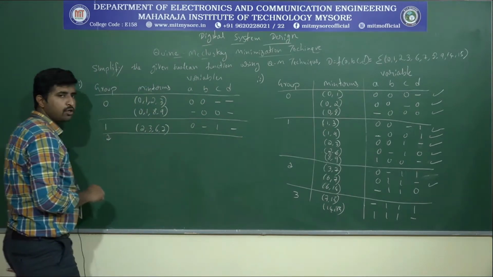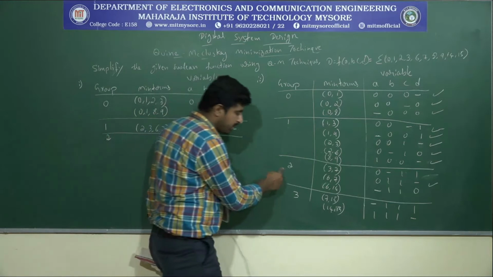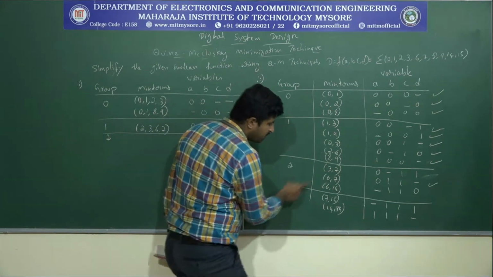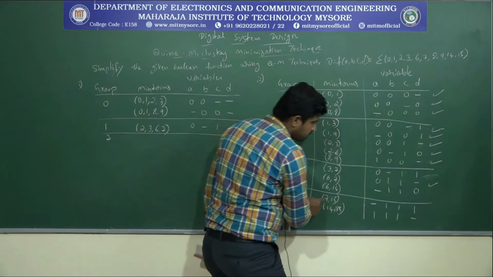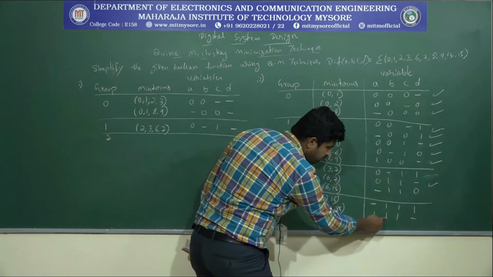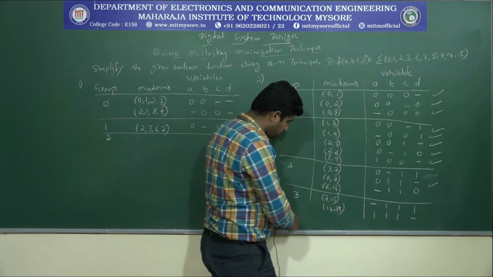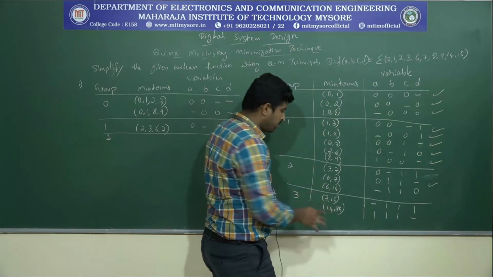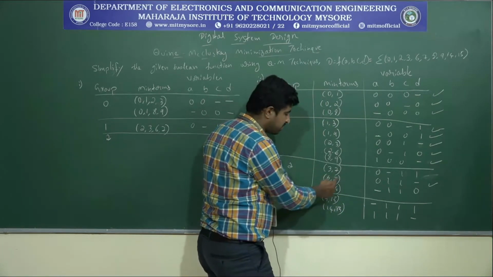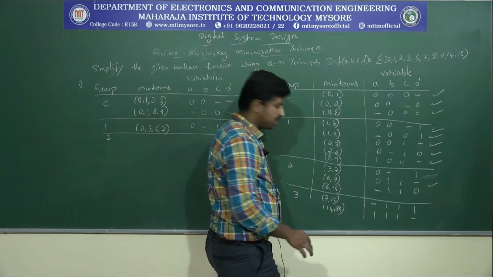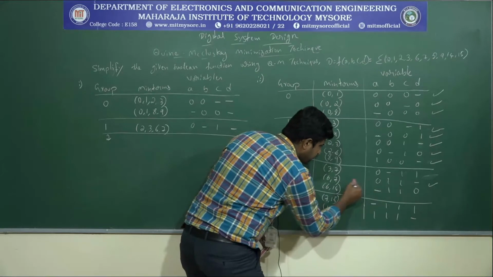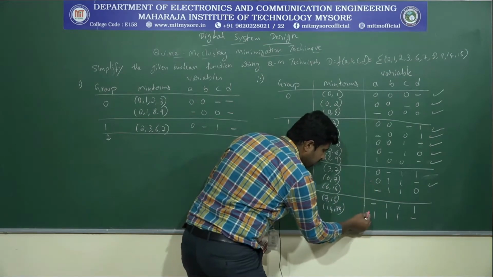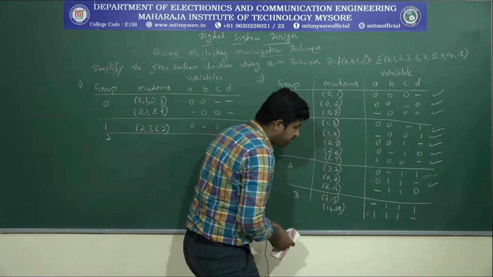Next, group 2 will be compared with group 3. 3, 7 will be compared with 7 and 15. Here the dash is in the second position, and there is no dash in the second position in group 3, so we are not able to group 3, 7 with any other minterms. Next 6, 7 can be compared with 14 and 15.